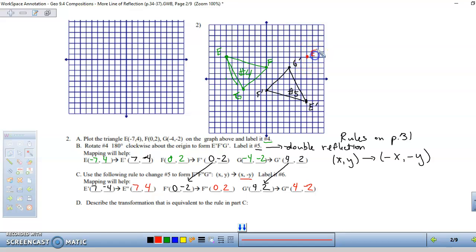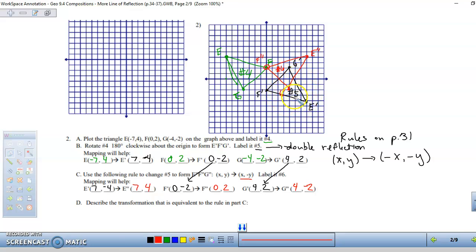And that's E double prime. Okay, 0, 2. So I'm just going to circle that because it's the same point as before. And then 4, negative 2 is right here, G double prime. Okay, and then that would be number 6.